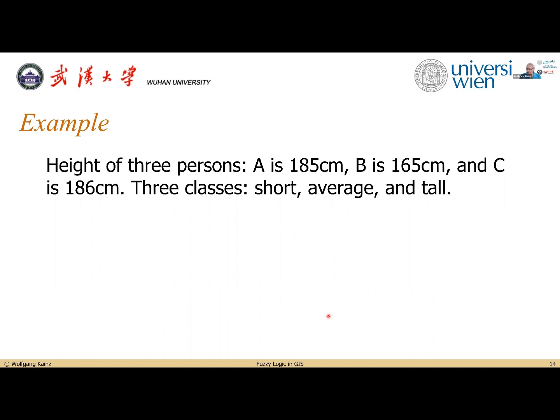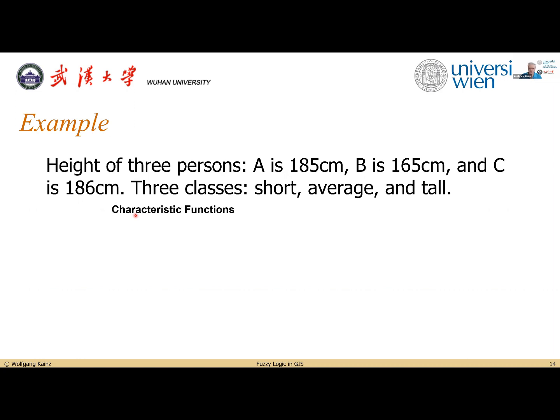And let's look at that example, taking 3 persons. Person A has a height of 185 centimeters, B 165, and C 186. So you already see here A and C are nearly the same height. There's only 1 centimeter difference.